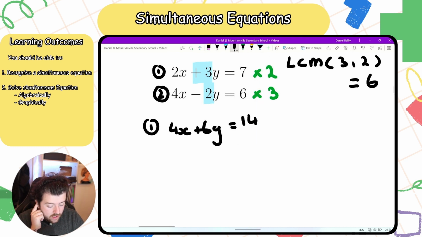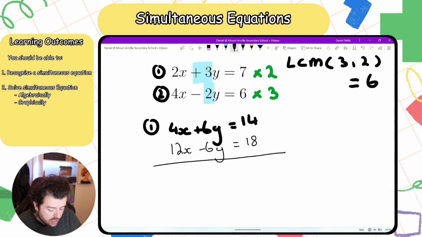Next, I'm multiplying across by 3: 4x times 3 gives me 12x, -2y times 3 is -6y, and 6 times 3 is 18. And that's equation 2.